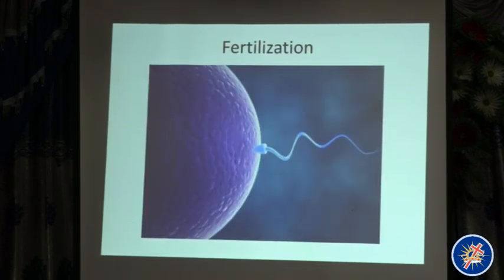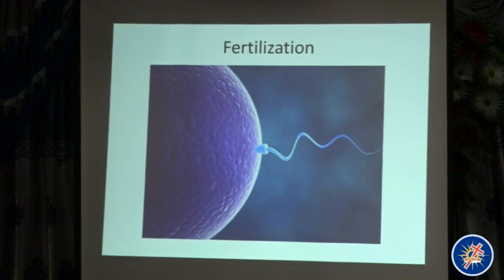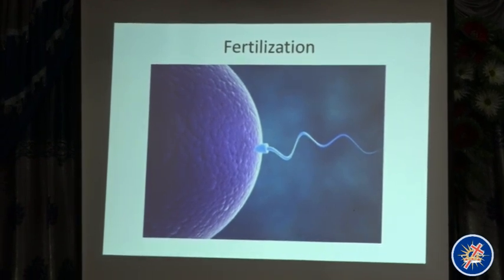Now, this is fertilization. The whole thing you are seeing in purple is the egg or the ovum, and the small thing which looks like a snake is the sperm, and that's the size of the egg and the sperm.